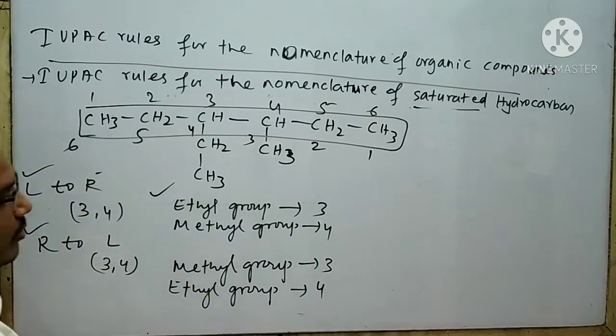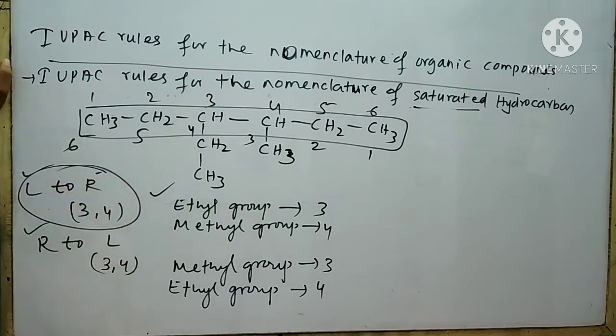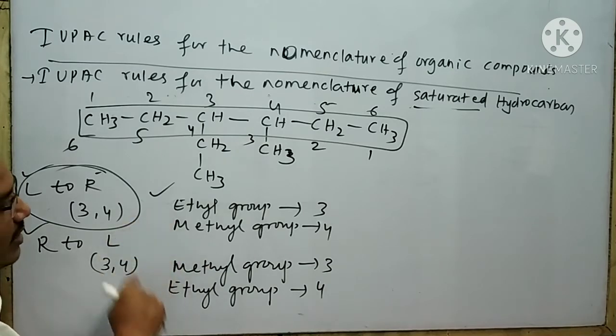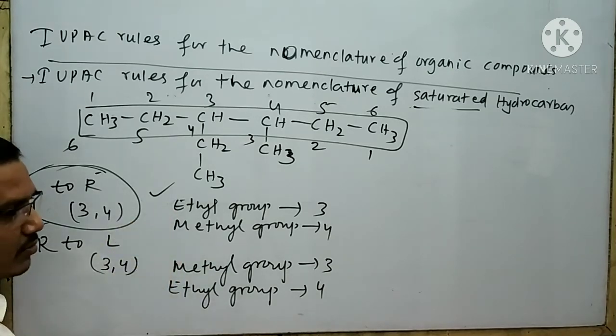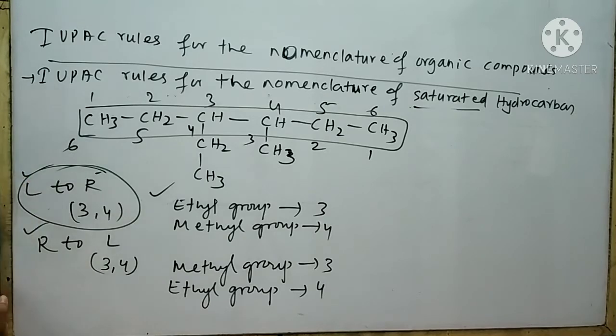So, according to this rule, this is the correct numbering, because in this numbering the ethyl group gets the lowest number, on the other hand the methyl group gets a higher number as compared to the ethyl group. According to this rule, E comes first in the alphabetical order, so give the lowest number to the ethyl group.